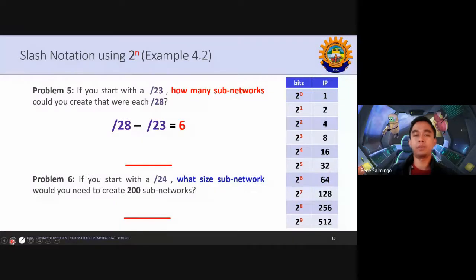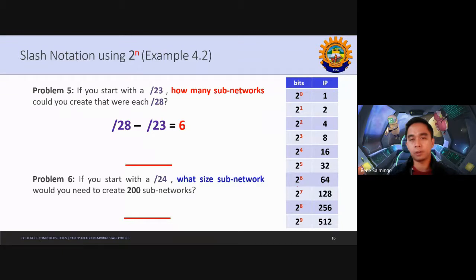Now we have this example. Problem: if you start with /23, how many subnetworks could you create if each is /28? So you have 28 minus 23, that is 5, and you will have to check.